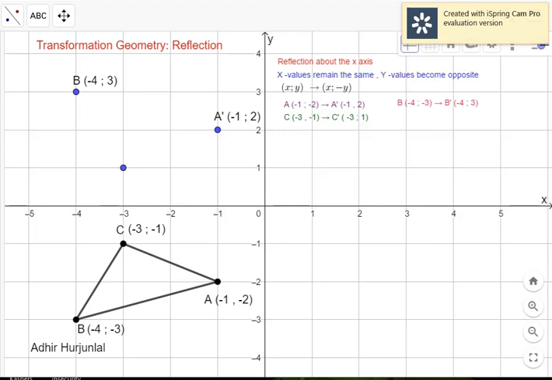And if I go ahead and plot the third point, the coordinates for C, I get (-3, 1). And all I am required to do after this is to join A to B, B to C, and C to A. I now have reflection from my original triangle to the reflected triangle.